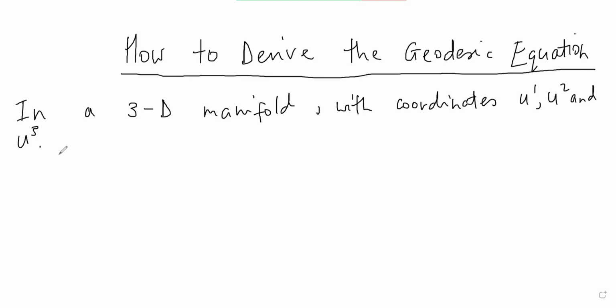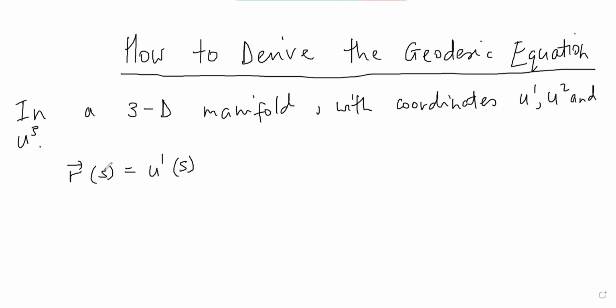Okay. Now, also suppose that the position vector, or the parametrization of the manifold that we're working in, is given by the following. So we have U1 dependent.